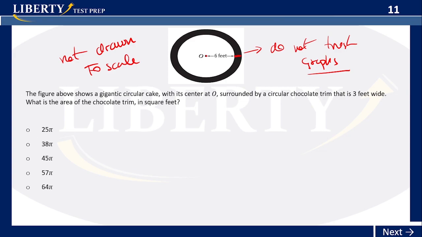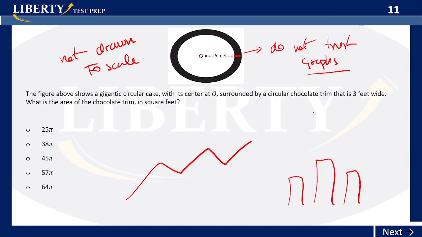So you cannot just measure from those graphs. Geometrical graphs are like that. Now, if they give you something like bars or line charts, those will be drawn to scale. So those are okay. You can trust your eyes in that department. But in this case, geometrical shapes, they are not drawn to scale.